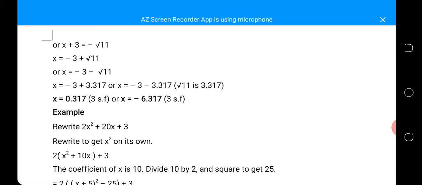So x is equal to minus 3 plus 3.317, or x is equal to minus 3 minus 3.317, because the square root of 11 is 3.317. Therefore, the two solutions are x is equal to 0.317 to 3 significant figures, or x is equal to minus 6.317 to 3 significant figures.